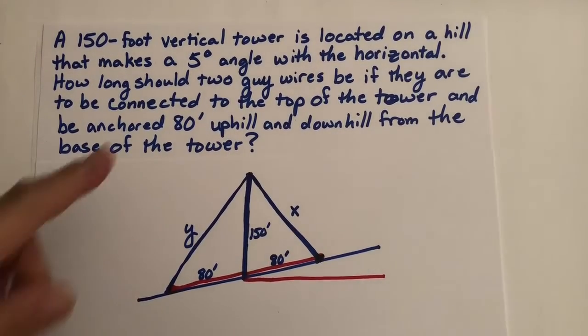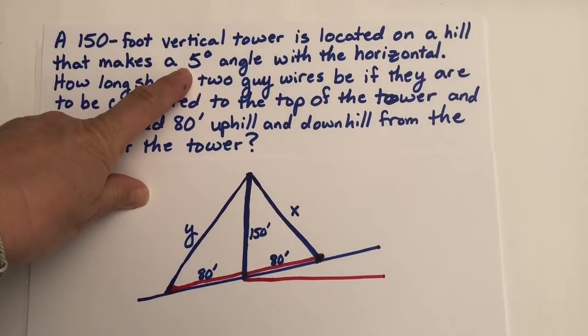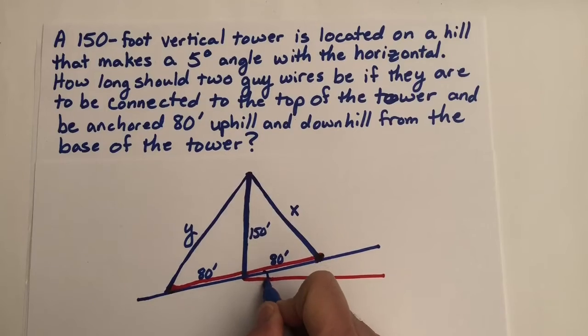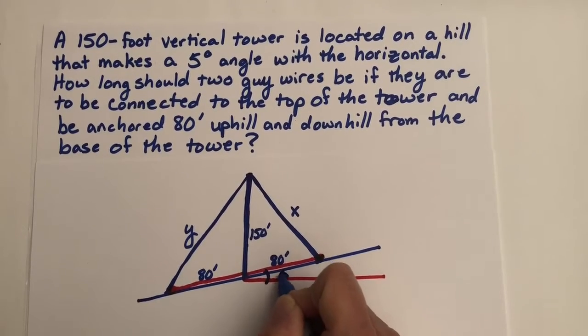Now, the word problem said that the hill makes a 5-degree angle with the horizontal. So that means this angle right here is 5 degrees.